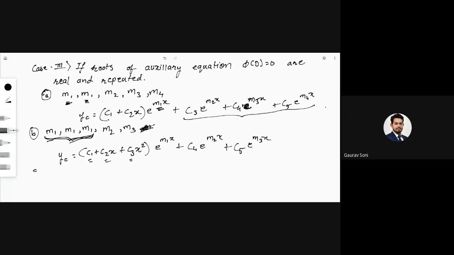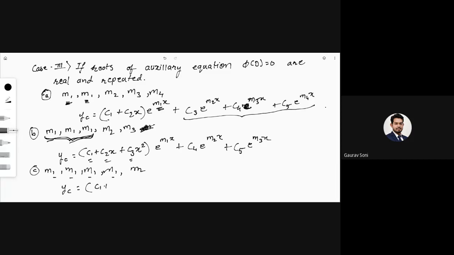So in the third case, m1, m1, m1, m1, and the last one is just once m2. So now m1 is repeated 4 times, so yc will be equal to, how many constants will I have? 1, 2, 3, 4. And after every constant the power of x has to increase.